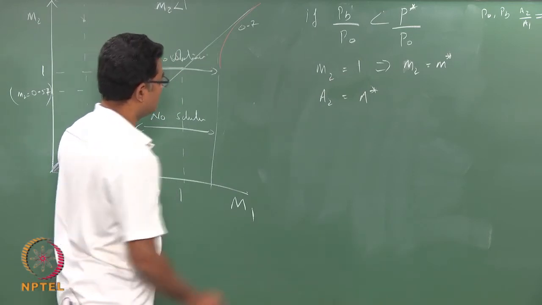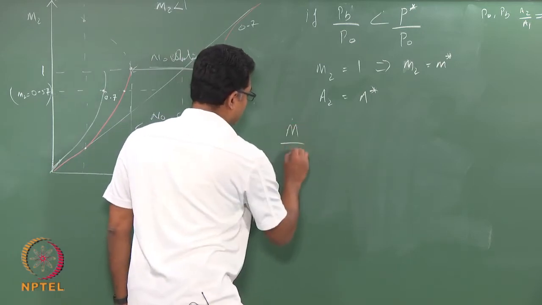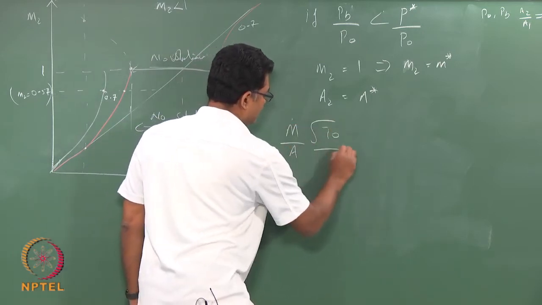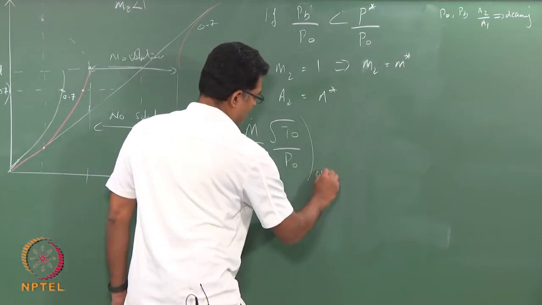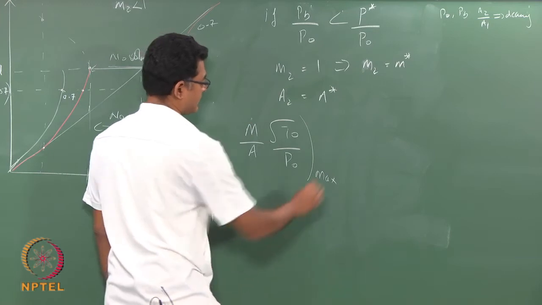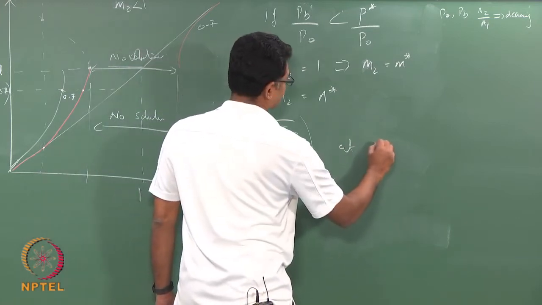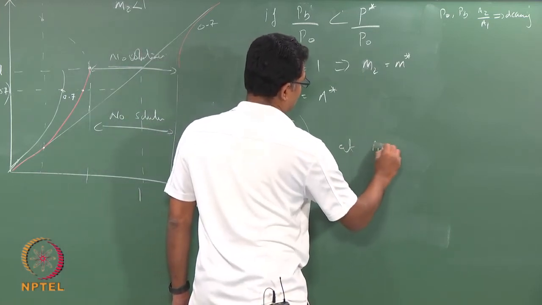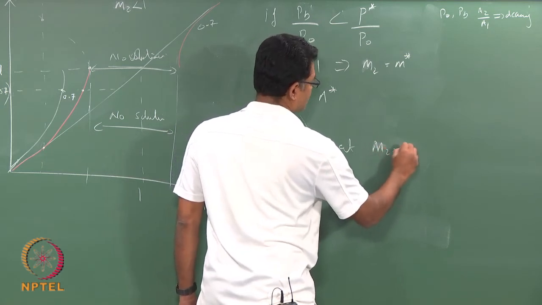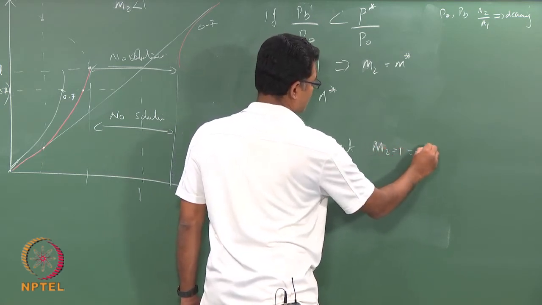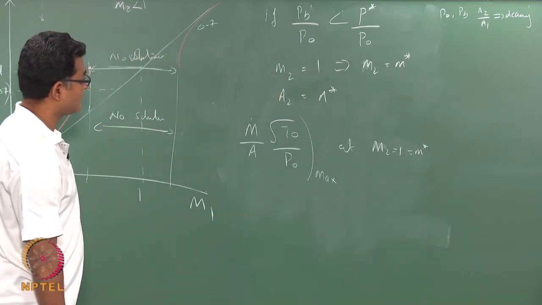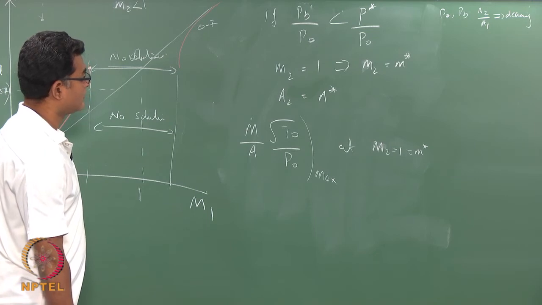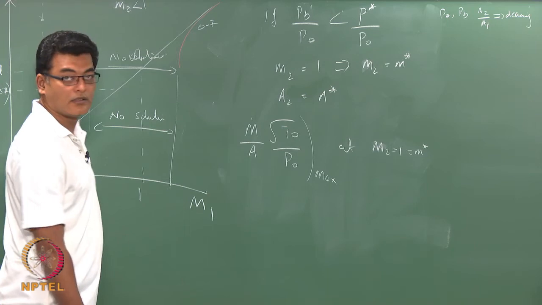choking the flow. So, your m dot by A root of T0 by P0, the mass flow rate, would be maximum at M2 equals 1, which is equal to your M star. Okay.